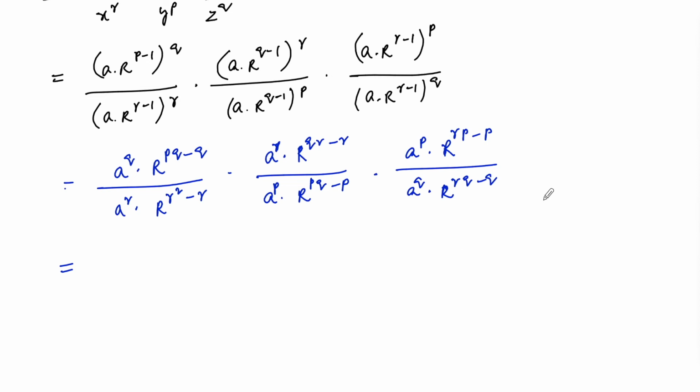So here we can cancel the terms. A power q and a power q get cancelled, a power p gets cancelled, and a power r and a power r get cancelled, and the remaining terms we can write here.